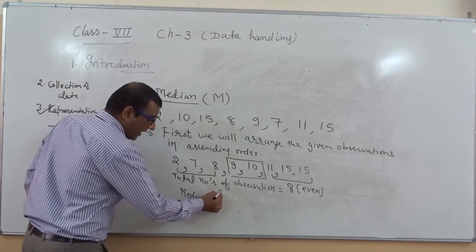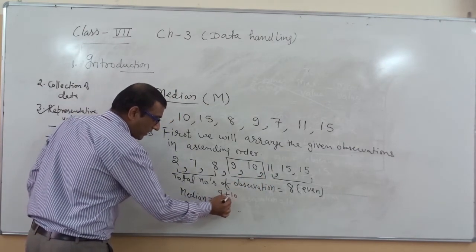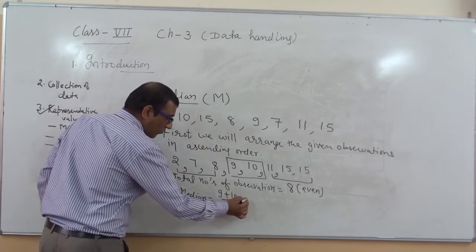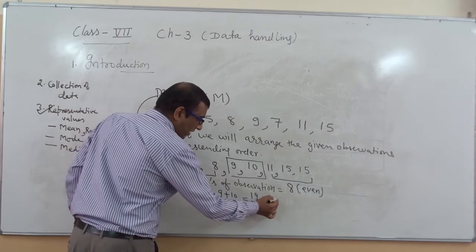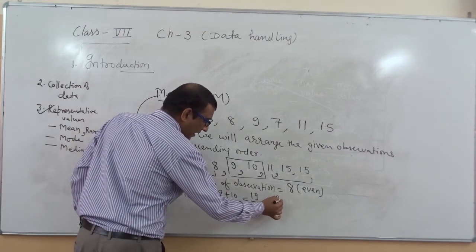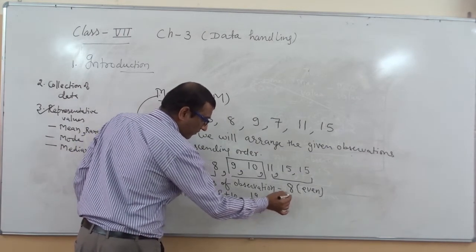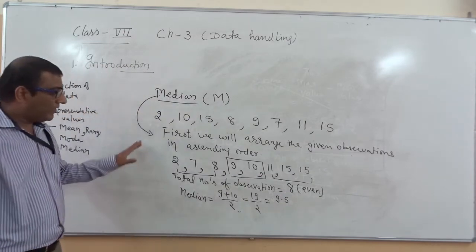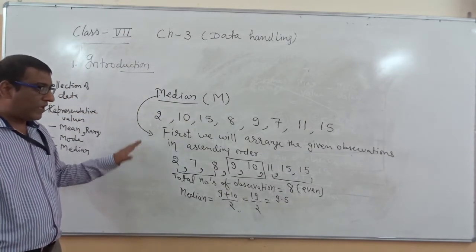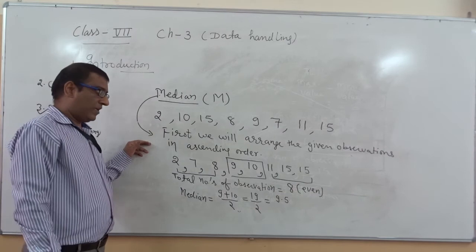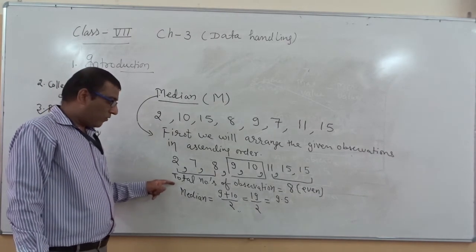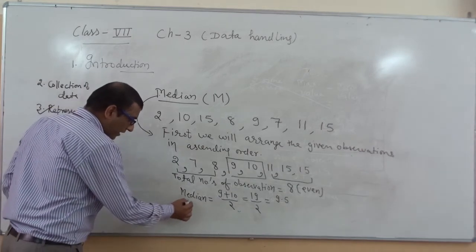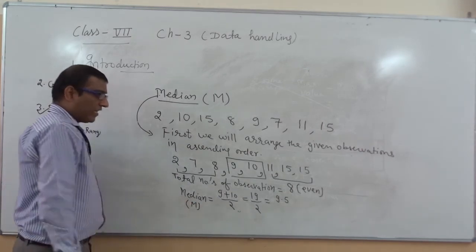Okay, so we will write here 9 plus 10 divided by 2, we will get 19 upon 2, and when we solve it, we will get 9.5. It means if the total number of observations is even, this is the way of solving the value of median, as you see in this example.